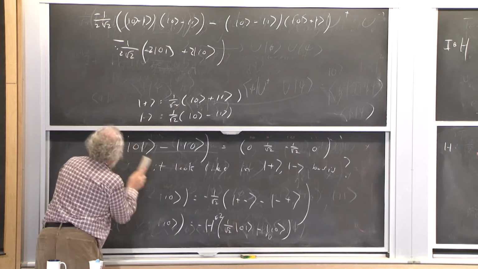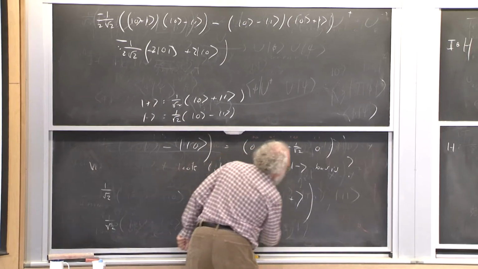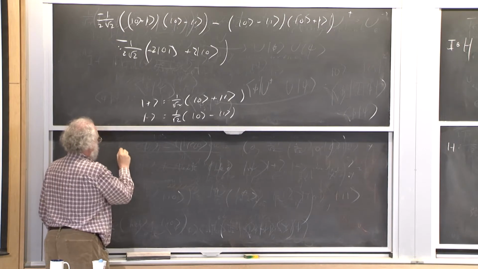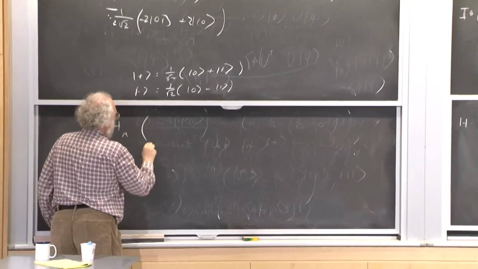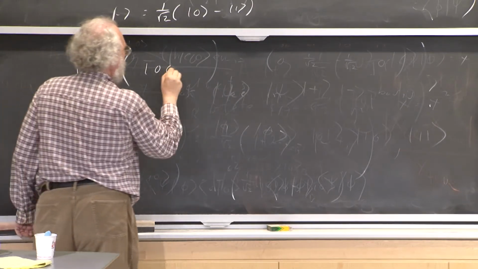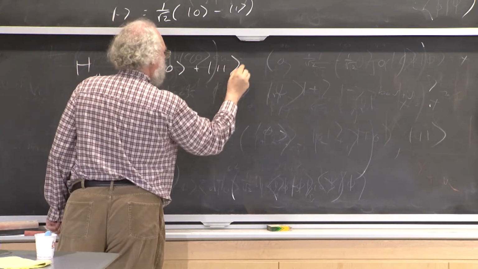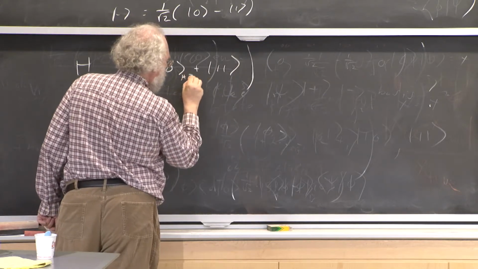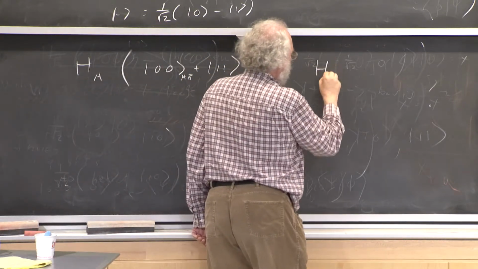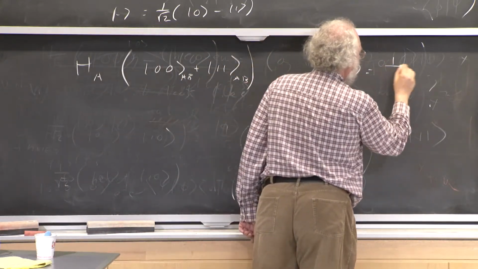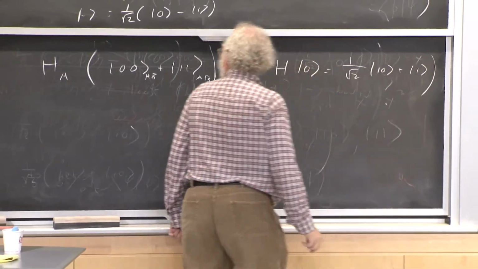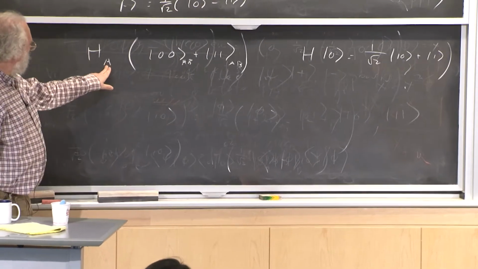So what you can do is, let's apply H on the first qubit of 0,0 plus 1,1, where this is AB, AB. We know H of 0 equals 1 over root 2 (0 plus 1). So we can apply the Hadamard.